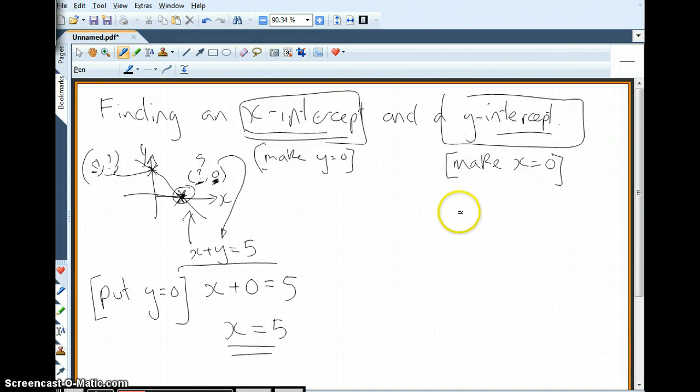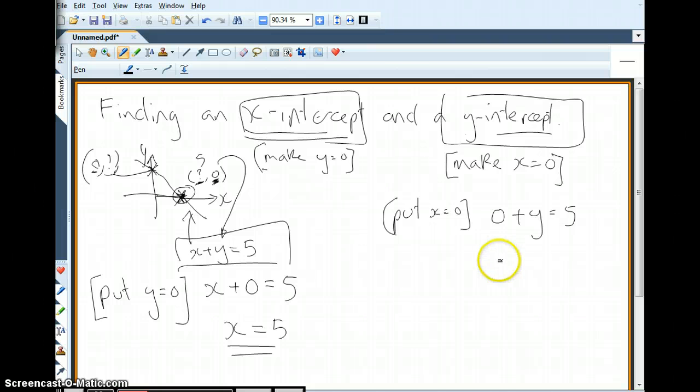And then filling in this equation, I say x is 0 plus a y value equals 5. What's y going to be? y is going to be 5.